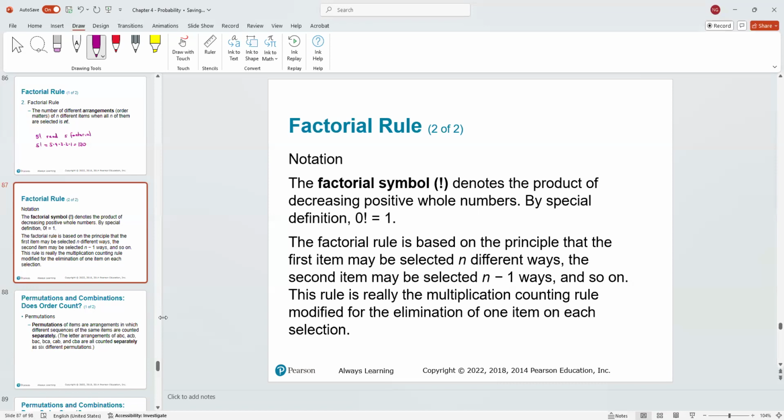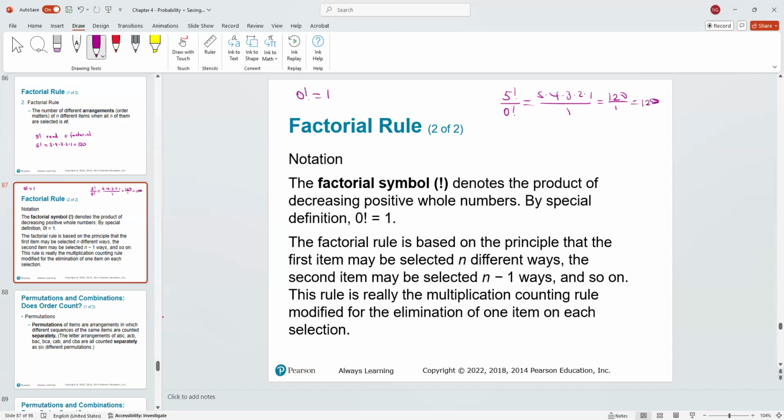So this rule is really the multiplication counting rule modified for the elimination of one item on each selection. By convention, 0 factorial is equal to 1. Let's say 5 factorial over 0 factorial is 5 times 4 times 3 times 2 times 1 over 1, so 120 over 1 is 120.